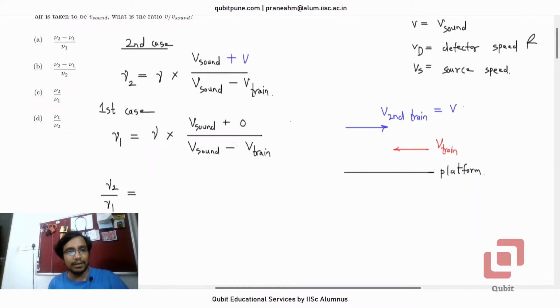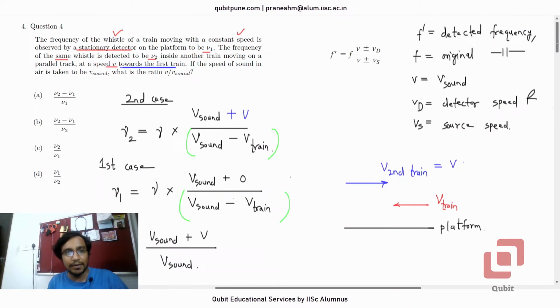What are the terms that will get cancelled? Nu will get cancelled, so it will be v sound plus v, that is the speed of the second approaching train, upon v sound minus v train. These two terms, they will get cancelled, so it will be v sound plus v upon v sound.